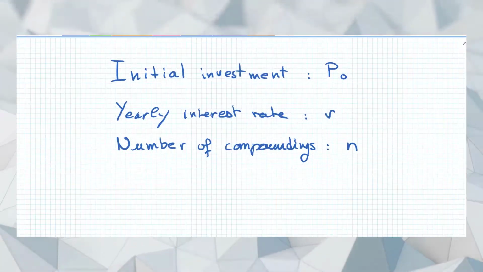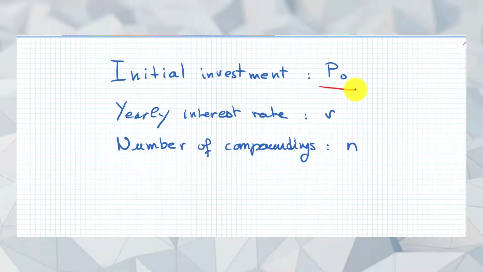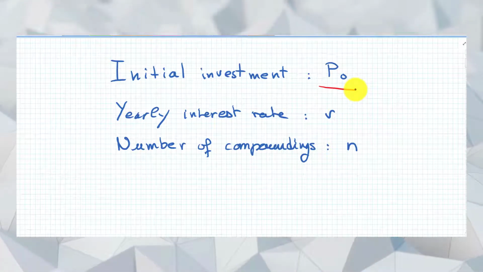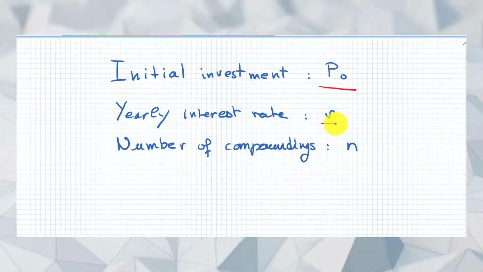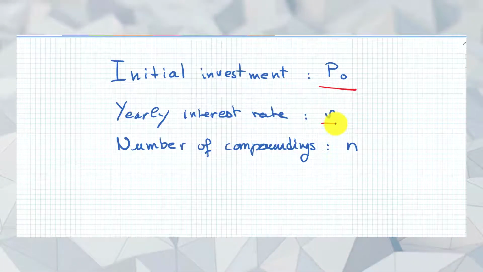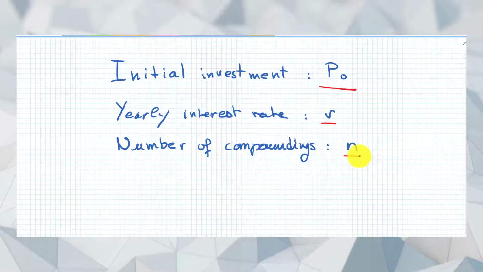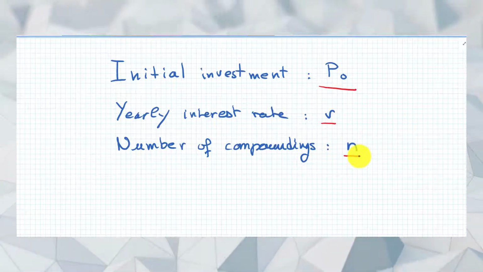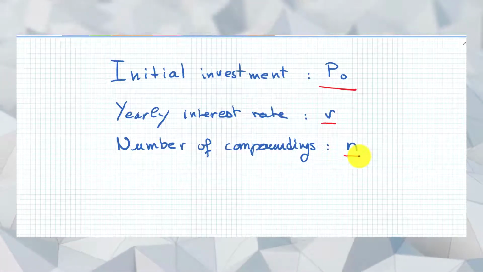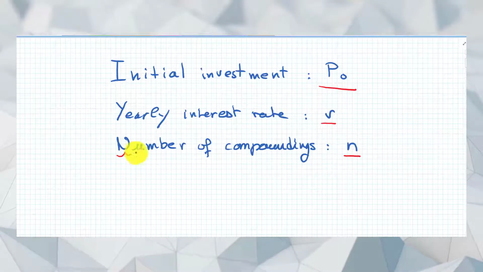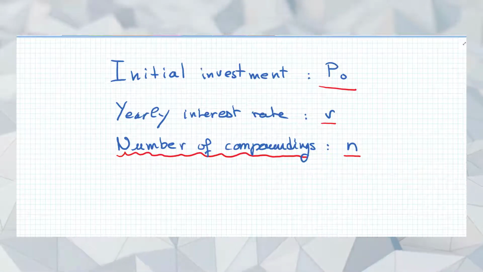So let's now imagine that you take an initial investment of P0, you put it in an account where you have a yearly interest rate of R, usually described in percent, and you also assume that the number of compounding each year is n. The question is, what happens if you want to look at continuous compounding? Instead of having a finite number of compounding, we want to look at continuous compounding.